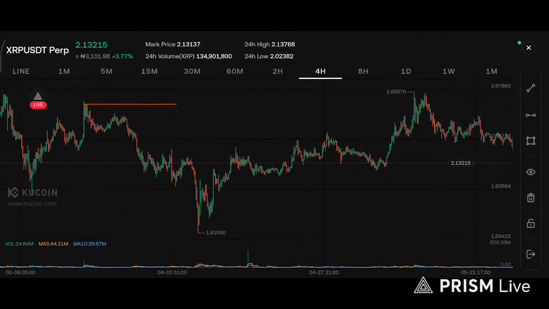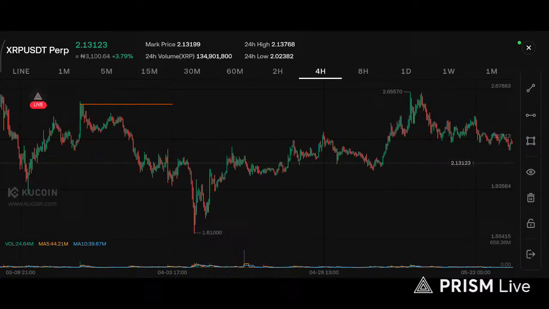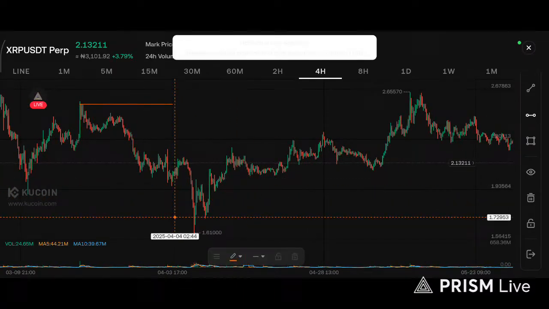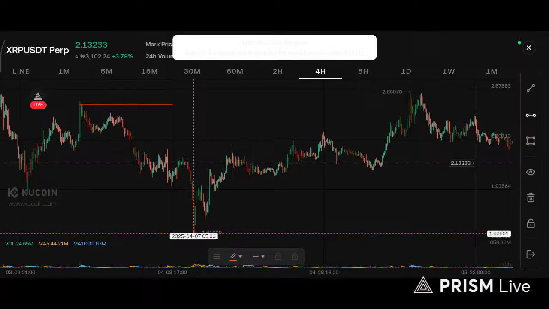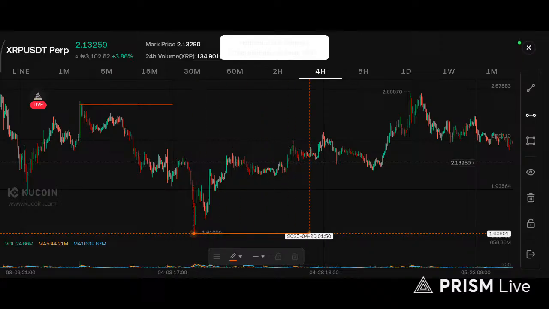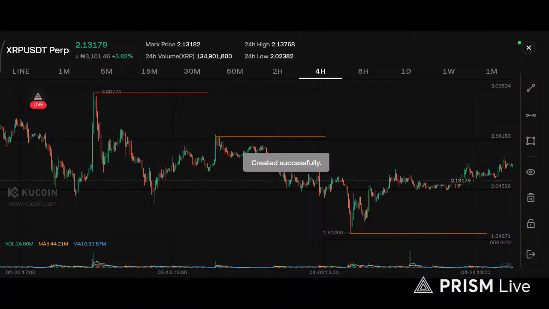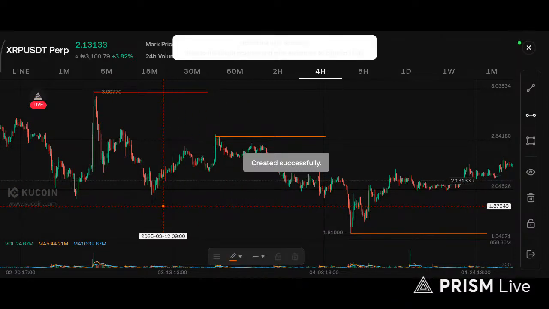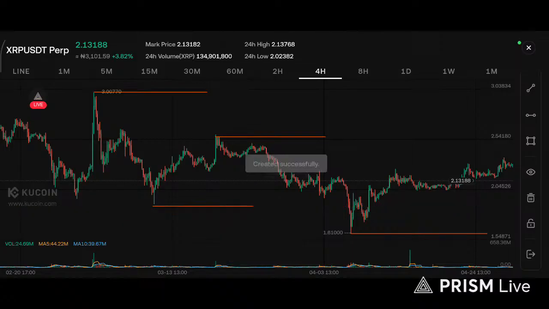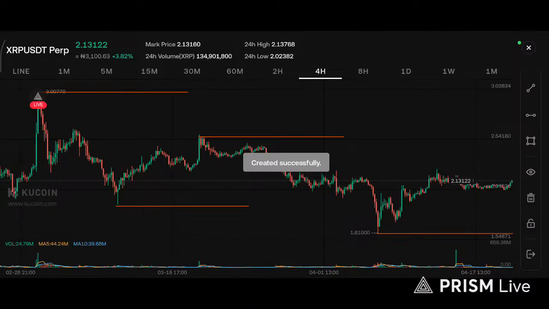Now, guess what happened in the market? This is a liquidity sweep. Have you seen it? This is our liquidity sweep. This was the previous lower low, right?